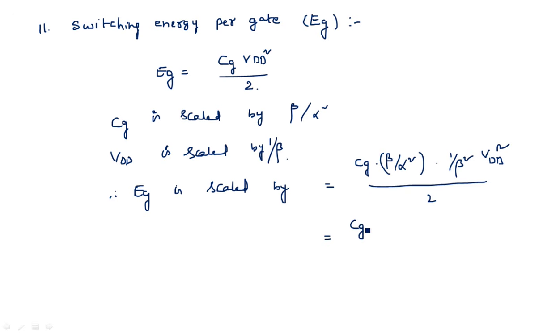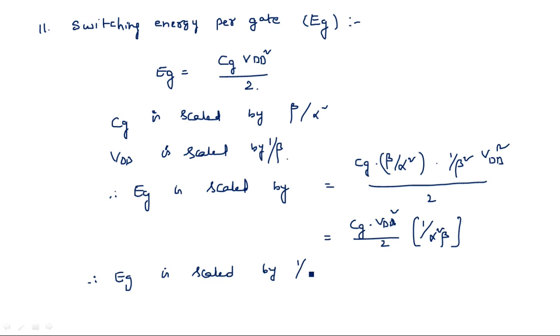So if you take the same value as it is, CG VDD square by 2, what is the factor that additionally we have? Beta will be in the denominator, alpha square beta. This is the scaling factor. Therefore, Eg is scaled by 1 by alpha square beta.